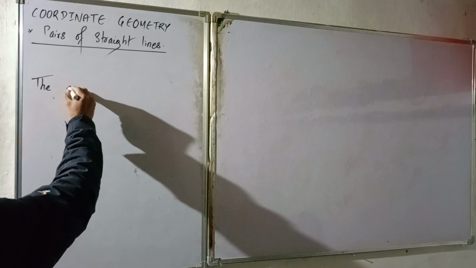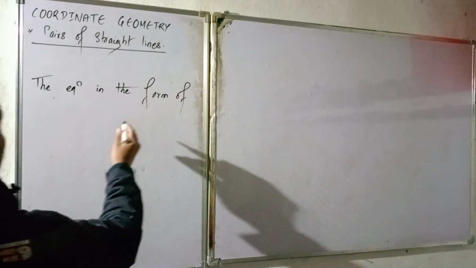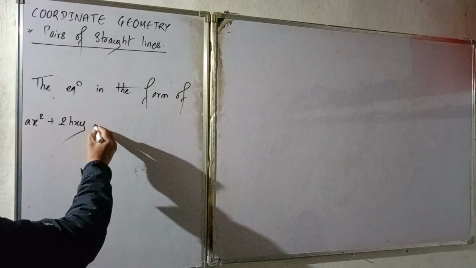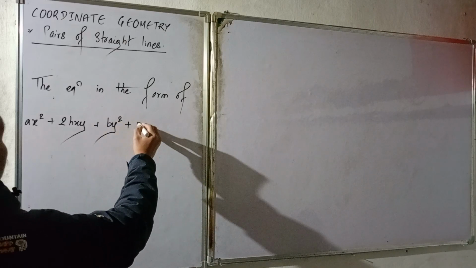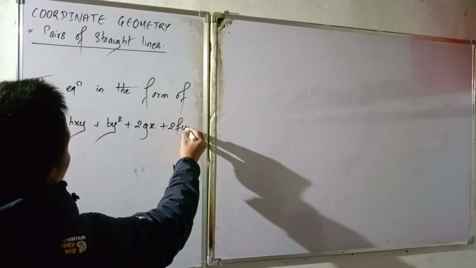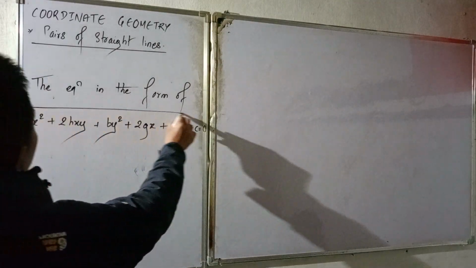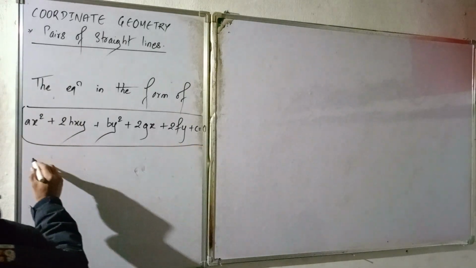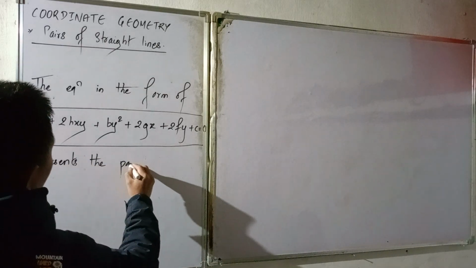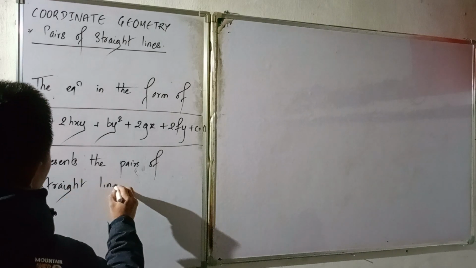The equation in the form of, look here carefully, ax squared plus 2hxy plus by squared plus 2gx plus 2fy plus c equals 0 represents a pair of straight lines.